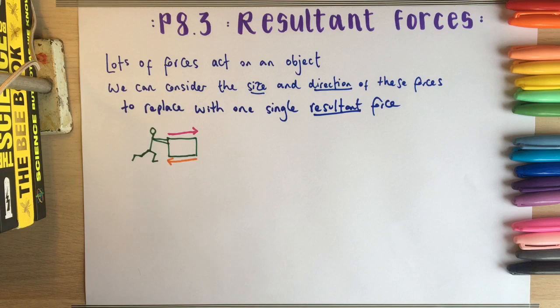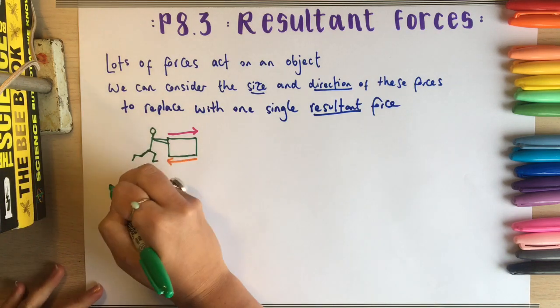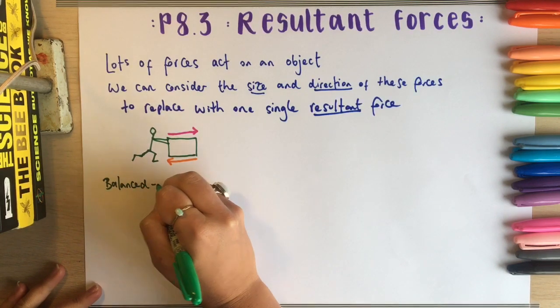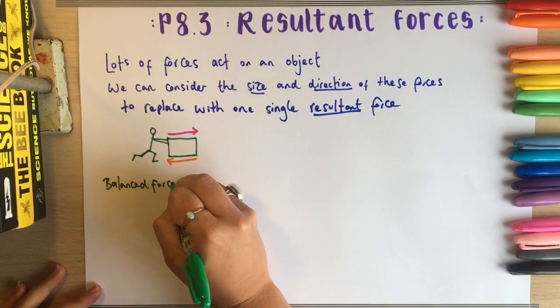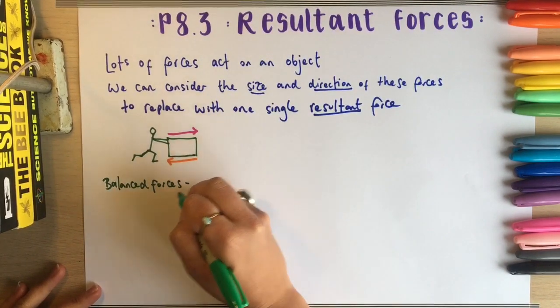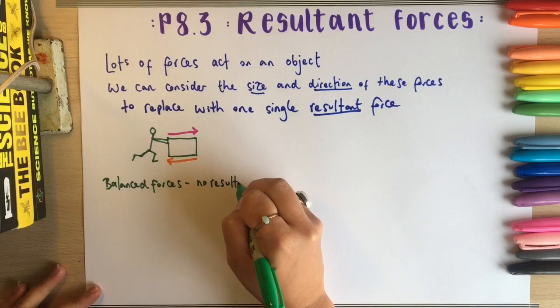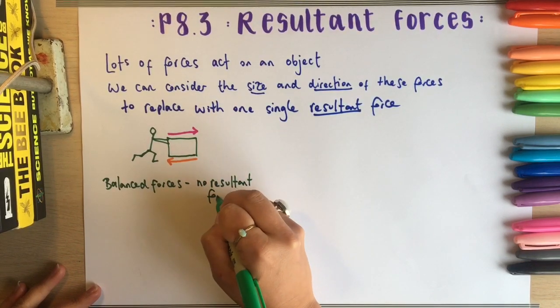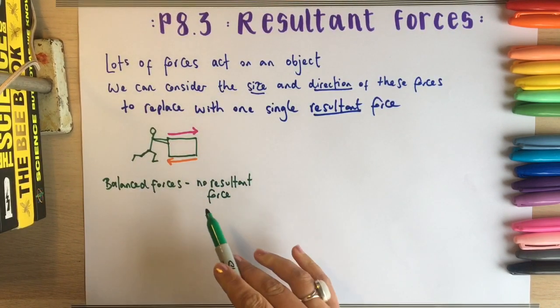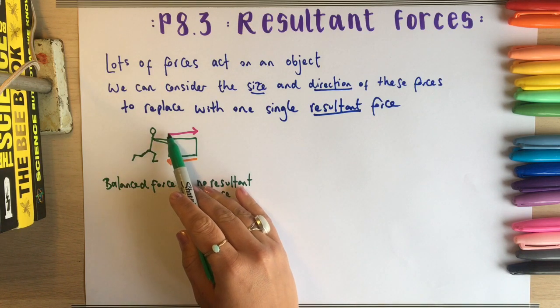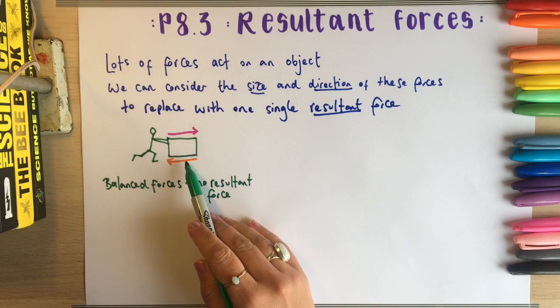Okay, so if these forces are balanced, then there is going to be no resultant force. Let's remember from probably year 7 when we did forces that the size of the arrow represents the size of the force.